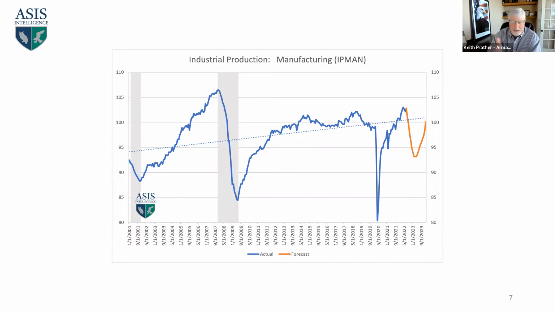The model's not showing that it's going to be as severe, and we don't believe it's going to be as severe, but there are still a lot of factors that could prop it up and create a growth environment above the 20-year trend line like we see here, or that could push it further down. So it's the last thing you want to hear from an economist, that, hey, it could be really good growth or it could be really bad contraction, right? Right. We're really good at throwing out both extremes and not living in the middle, which is where the real world lives. So it could go up or go down.